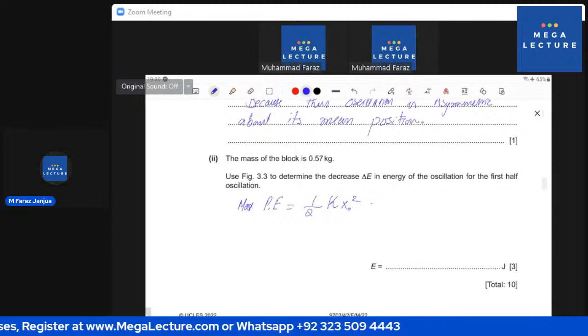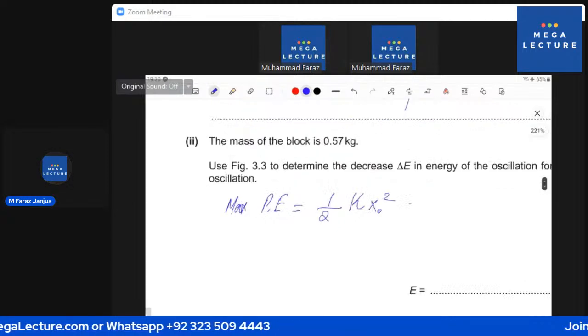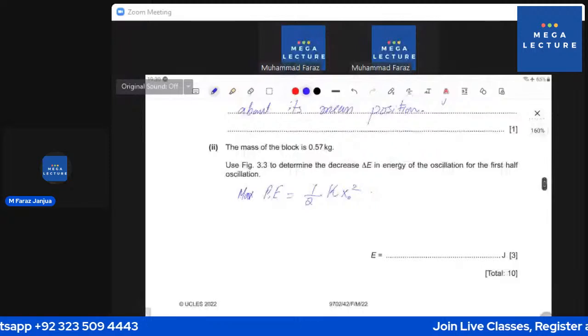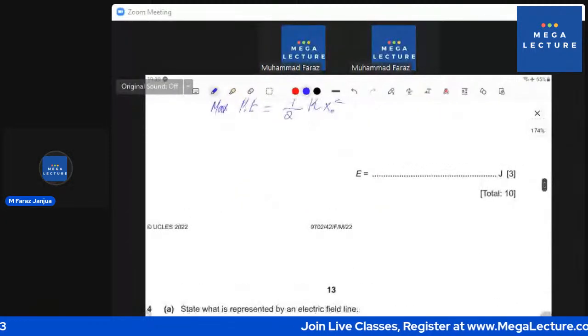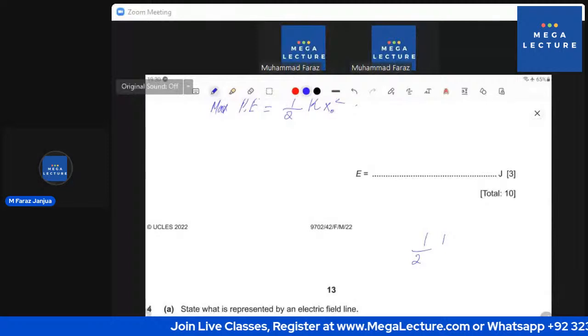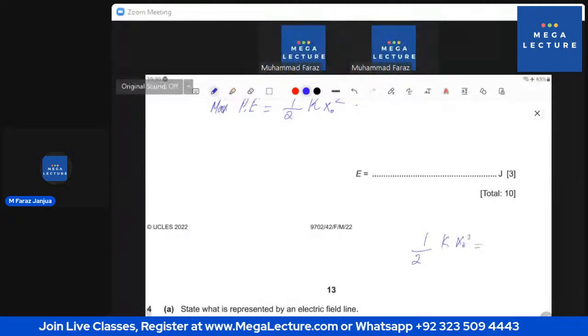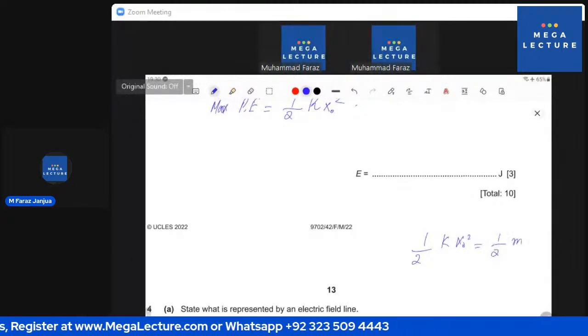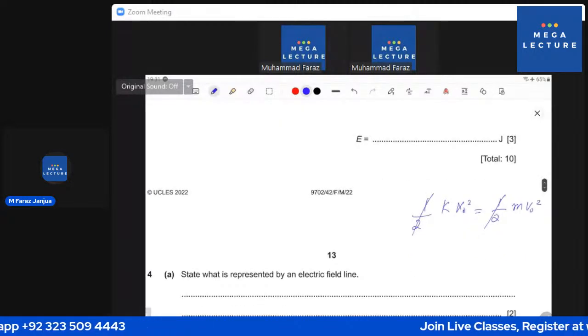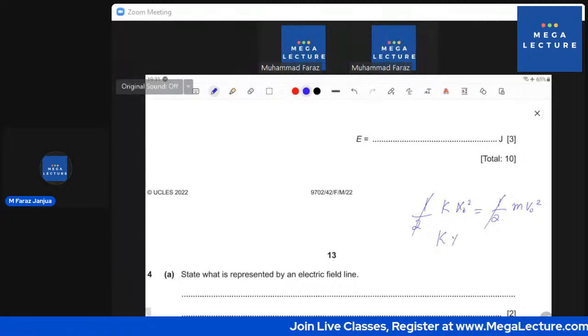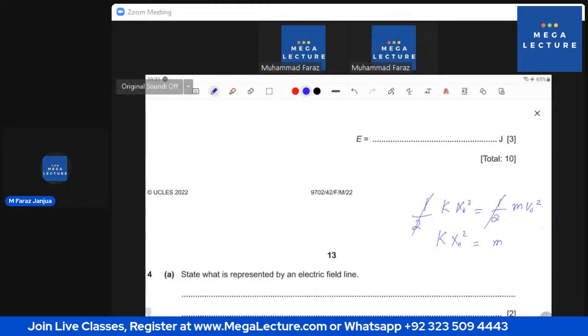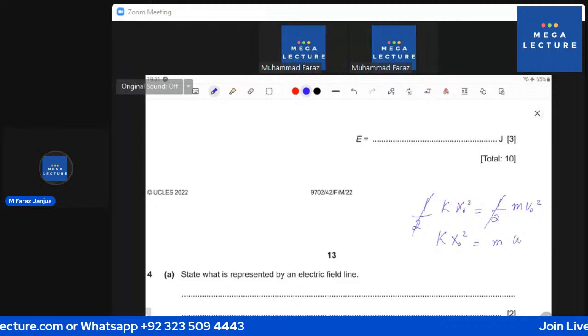Now for K, 1/2 K x naught square equals 1/2 m v naught square. K x naught square equals m omega square x naught square.